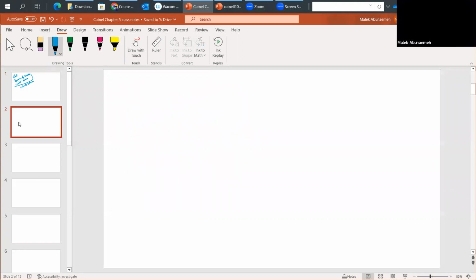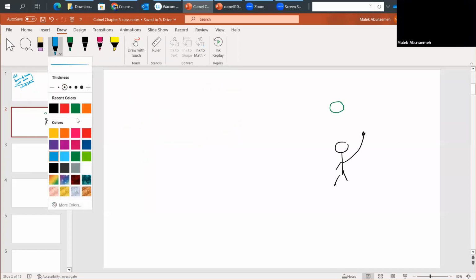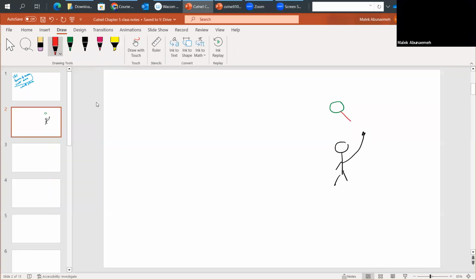So let's say you have a person. Let's say I got a person over here that's holding on to a ball wrapped around a string. Get red for the string. And of course, you got your ball going in your circular motion. Now, this is going to be our side view.